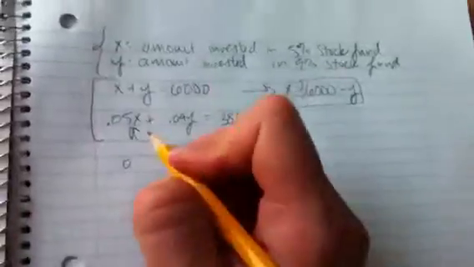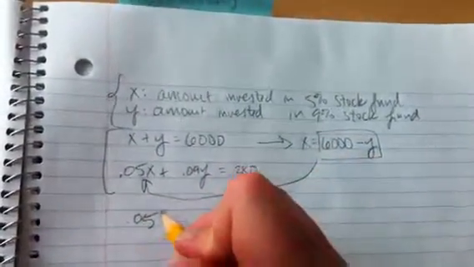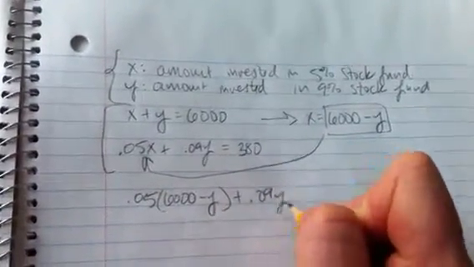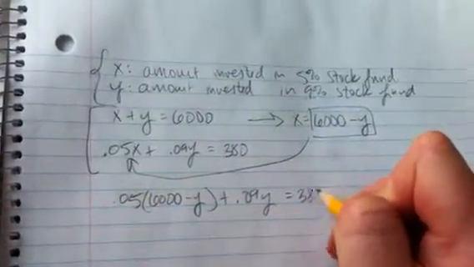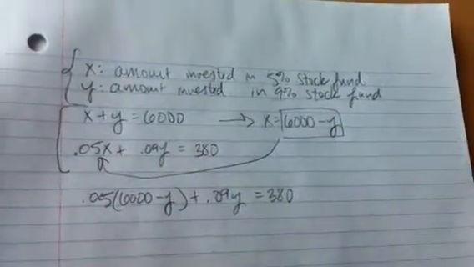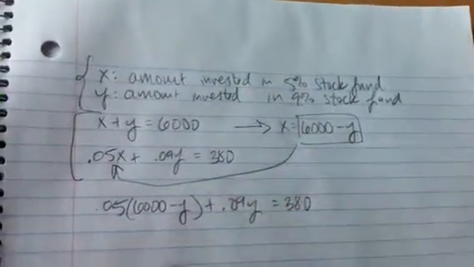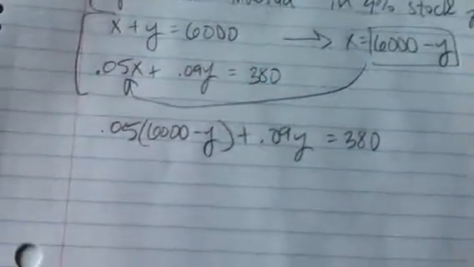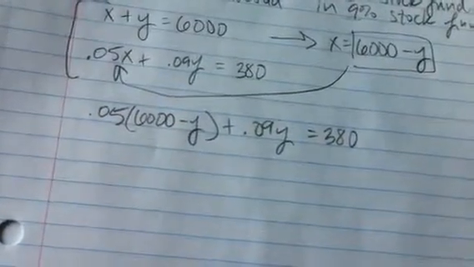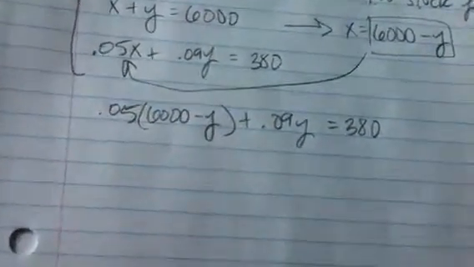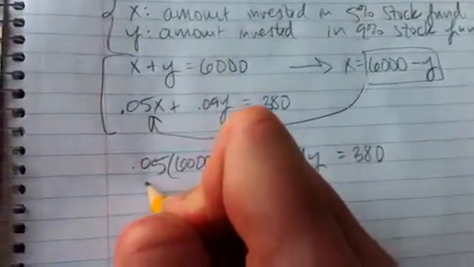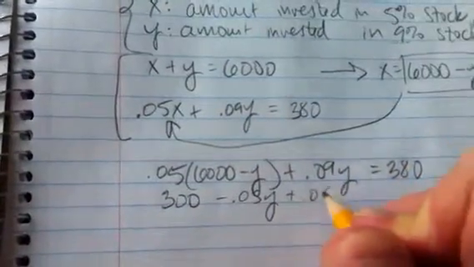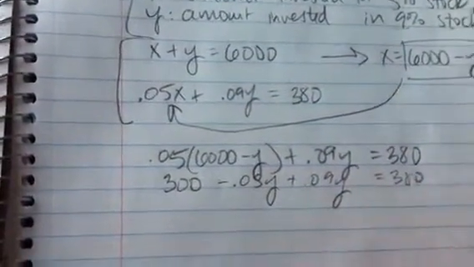So I get 0.05 times (6,000 minus Y) plus 0.09Y equals 380. And you multiply all that, and you're going to get what? That gives me 300 minus 0.05y plus 0.09y equals 380.